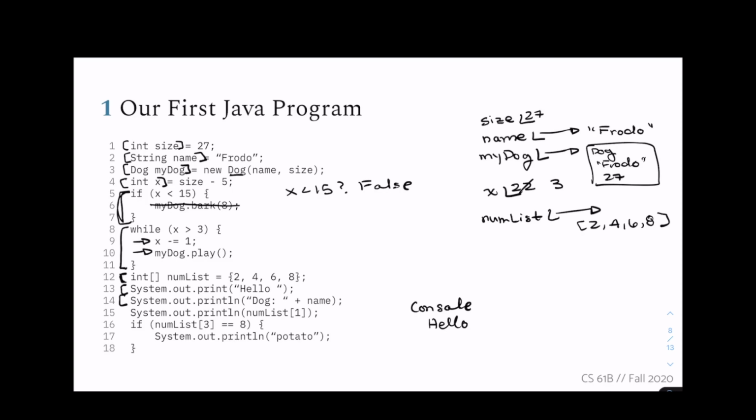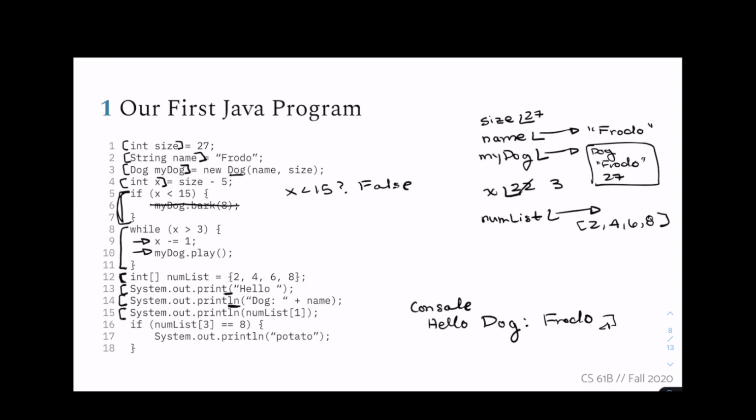So one thing to note here is the difference between print and println. Print just prints whatever and doesn't do anything else after. Println, or print line, prints out what is expected, so hello dog Frodo, and then it basically hits enter. So next time you print anything, it'll be on the next line of the console.